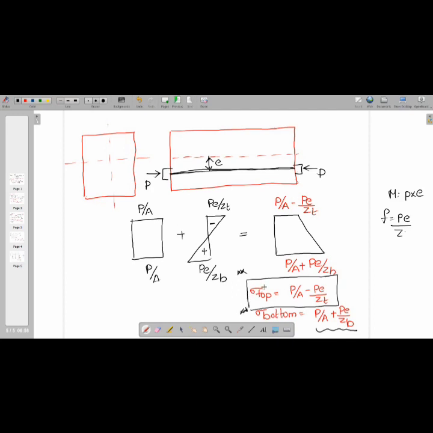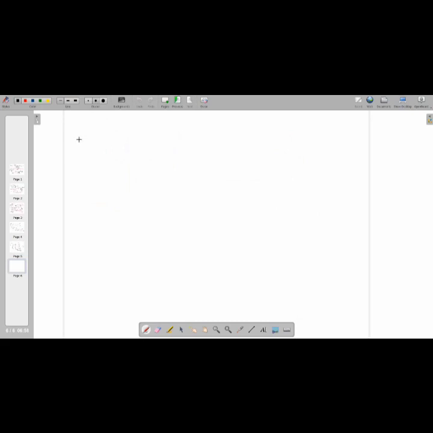Now see students, let us see if there is a dead load also. Suppose you have a section here like this, and we have a pre-stressing force. This is the tendon.